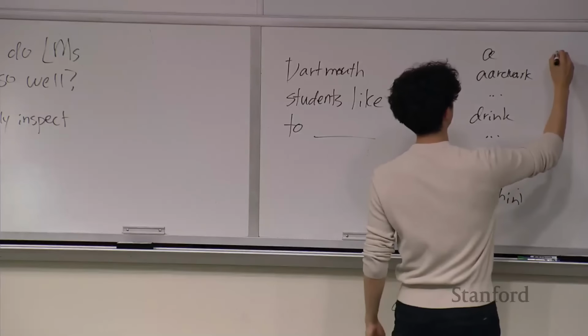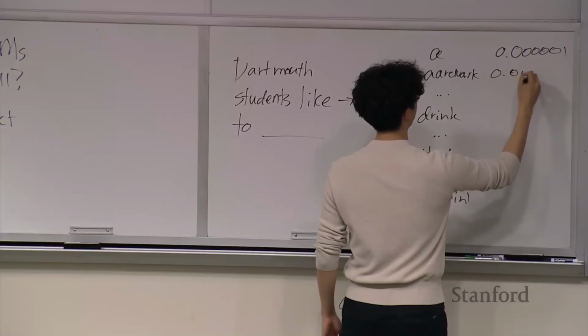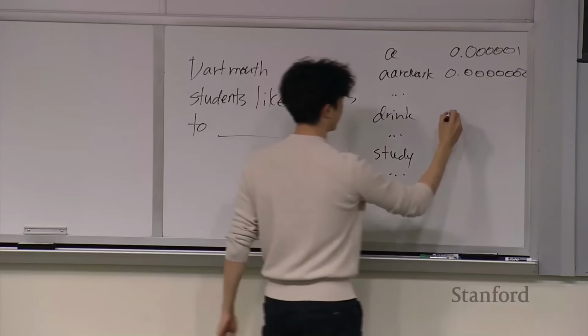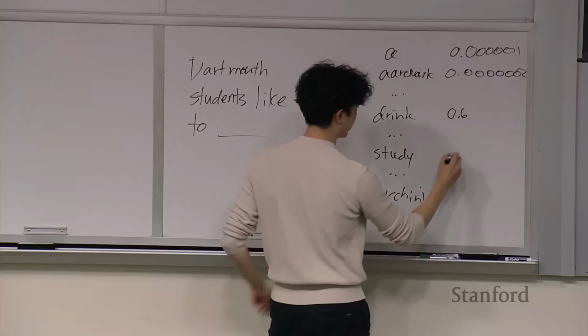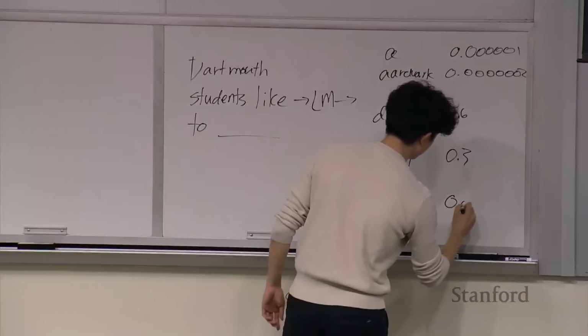So the probability of a being the next word is something really small. Aardvark is something really small. And then maybe drink is, say, 0.6. Study is 0.3. Zucchini is, again, really small.